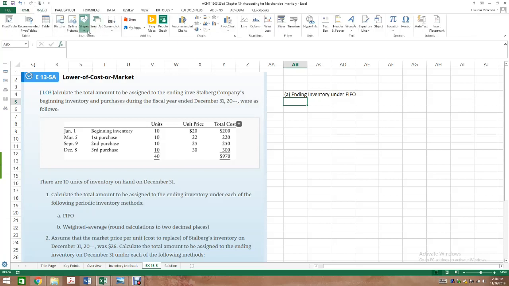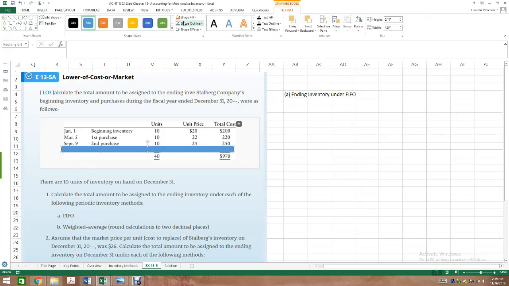This is where we have to think. FIFO says the first ones in are the first ones out, so I'm going to sell my oldest and I'm going to keep my newest. So if I have 10 units left, which 10 units am I keeping? Well, I'm keeping the newest 10 units.